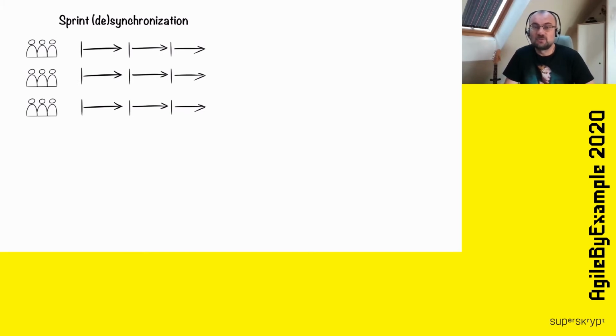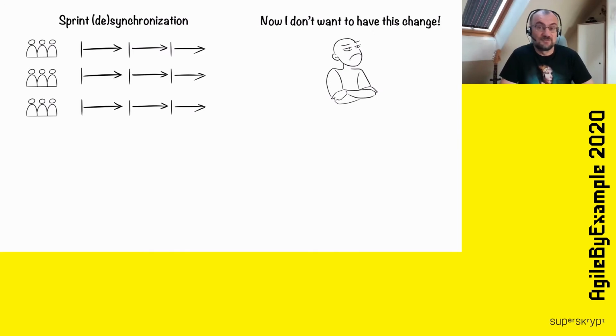The second problem was more difficult because it occurred at the very beginning that our product owners and stakeholders wanted to use this regression testing period as a time for cherry picking the changes. So they wanted to just take some good changes and put them in production and then maybe stop some other changes because, well, I changed my mind. I don't want to have this change anymore.